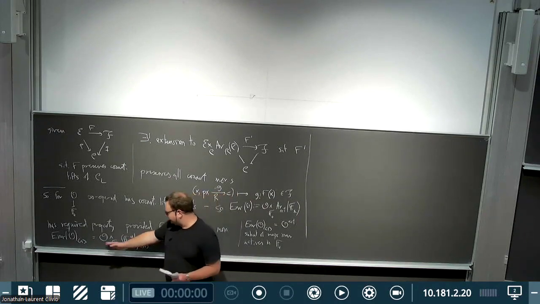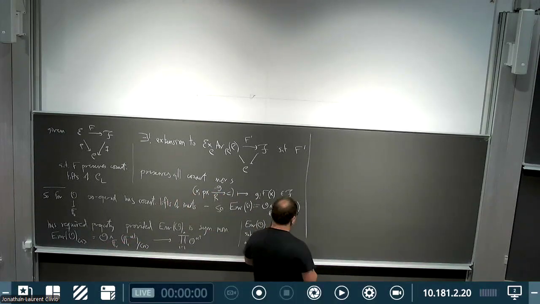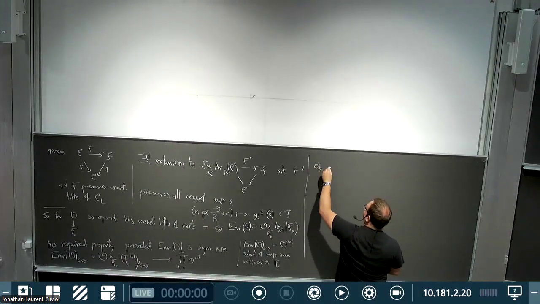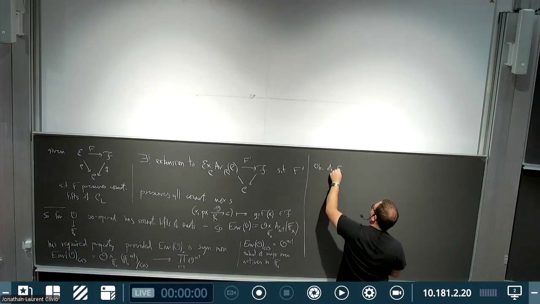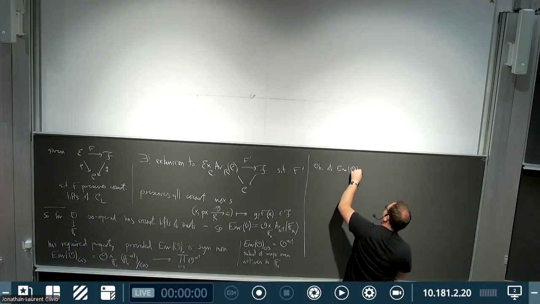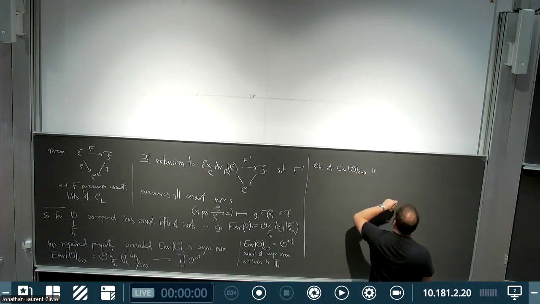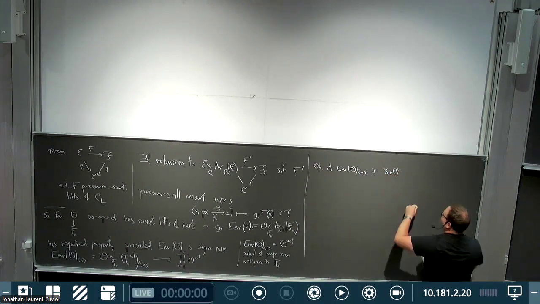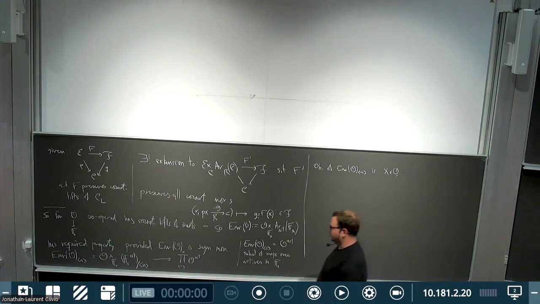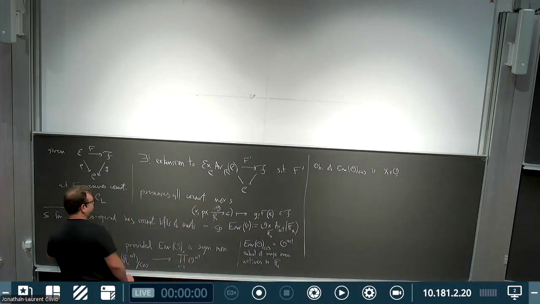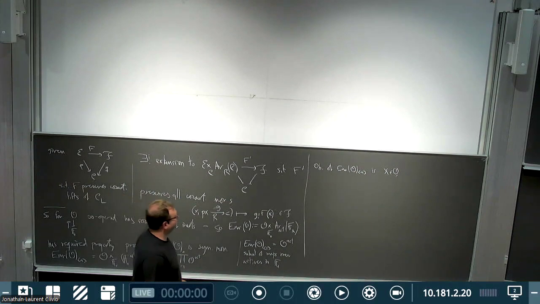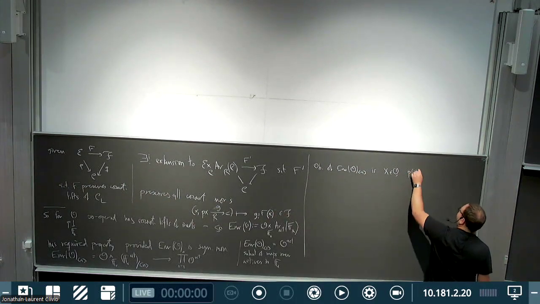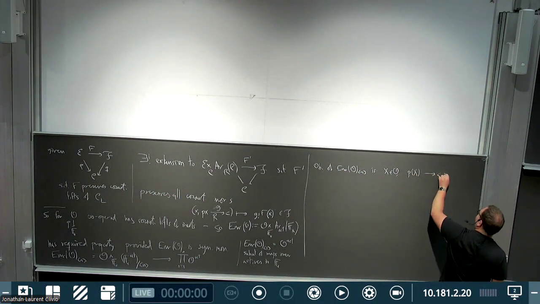So an object here is explicitly an object x in O, and then following that down to F star for P, I have an active map from P of x to n.